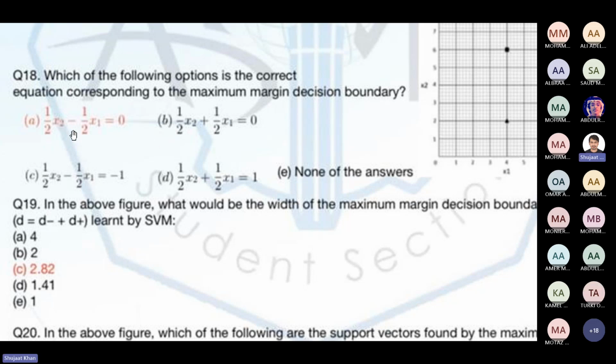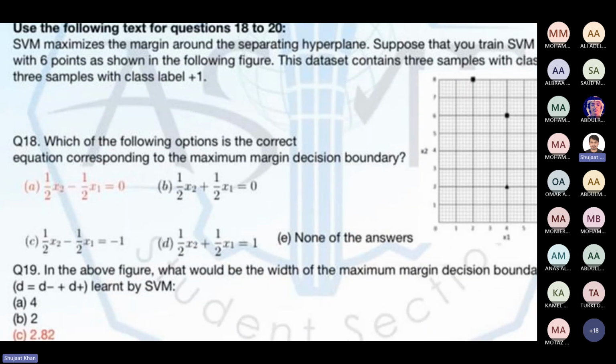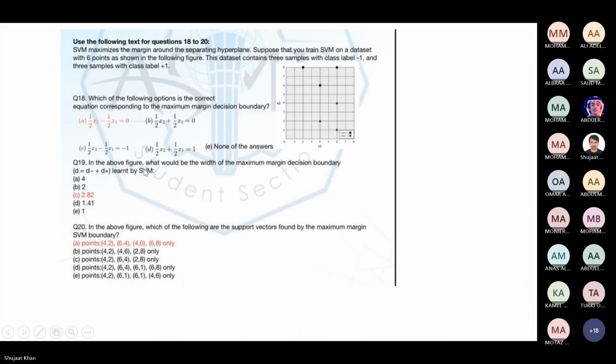It means the weights. If you know the weights, then you can find the decision boundary. It requires some calculations, so we'll come back to this one. Let's just solve the easy one first.